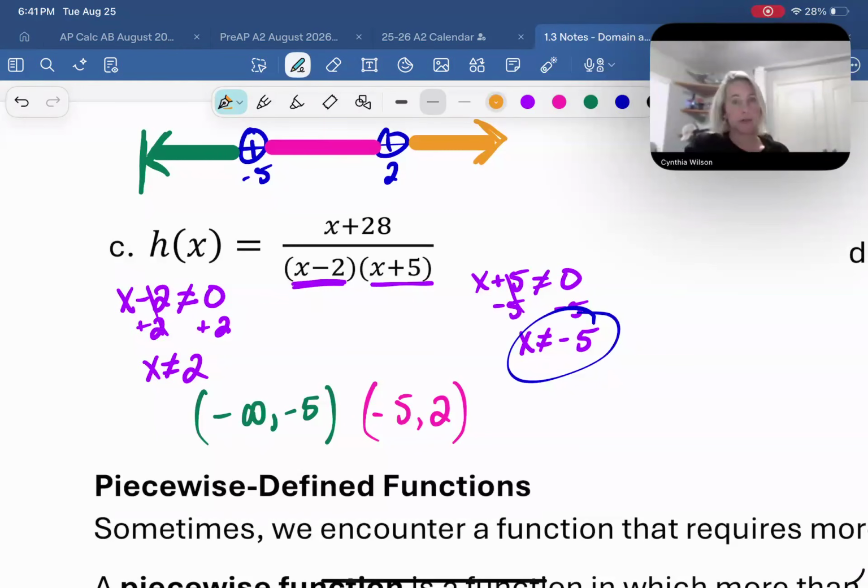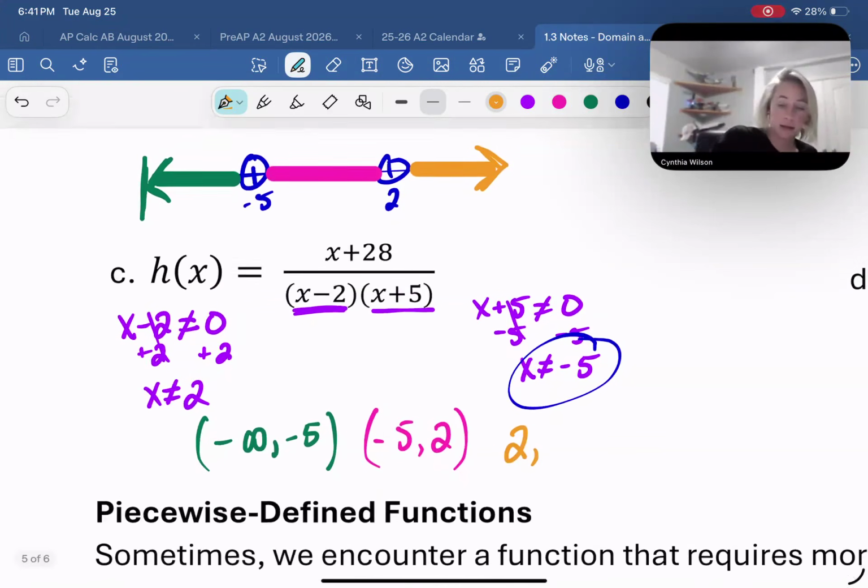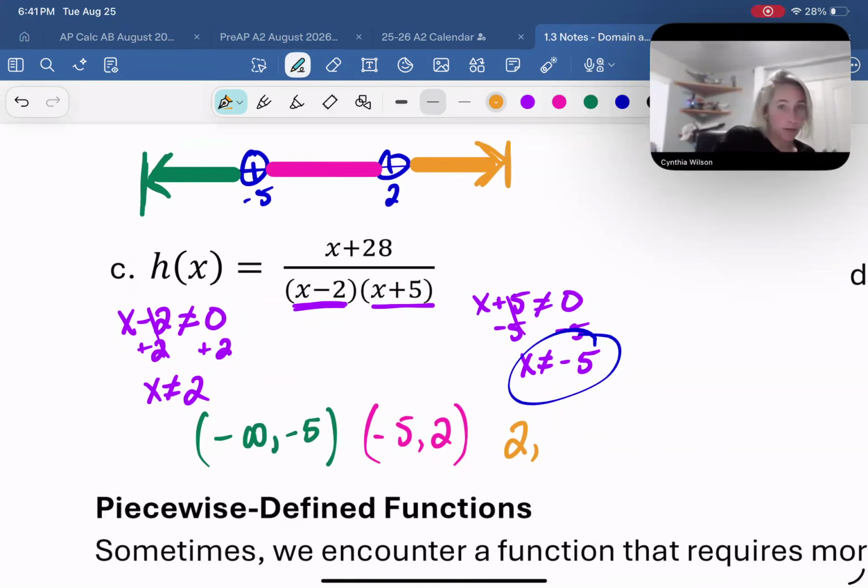Now we're on orange. Where does the orange interval begin? 2 again. And it ends at a right arrow, which means it ends at infinity. Okay, 2 is open. Infinity is always parentheses. The only thing extra that you need is the little unions between them.